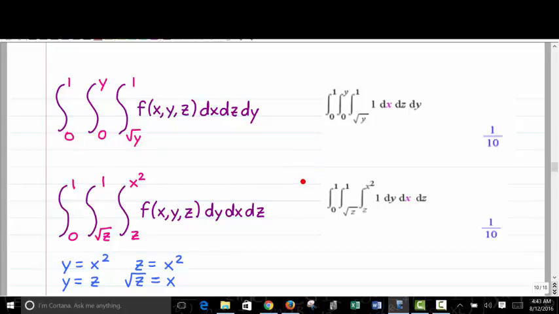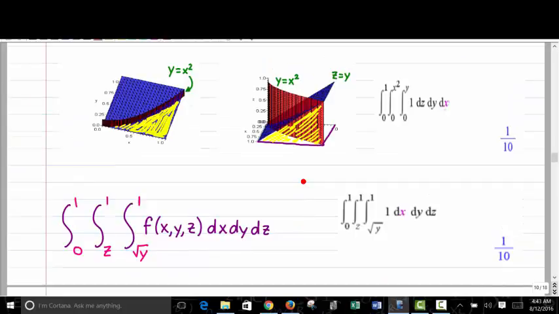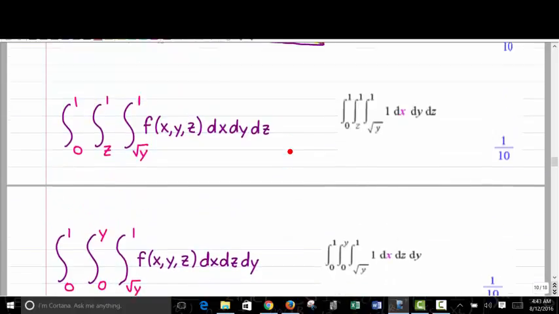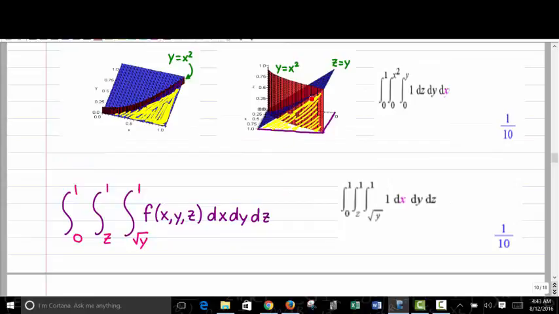Now how about x in terms of z? Now this is a little bit tricky, because in a way you see that x doesn't really appear to be in terms of z anywhere, does it? But what we can do is, I'll look at it this way.